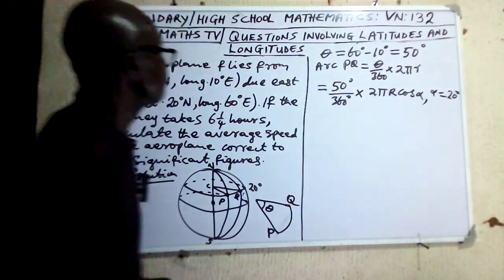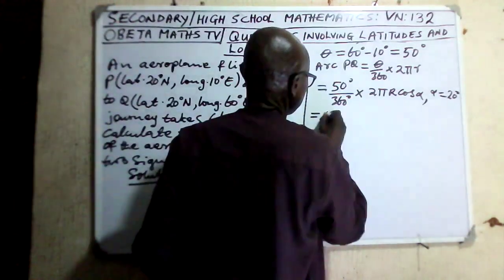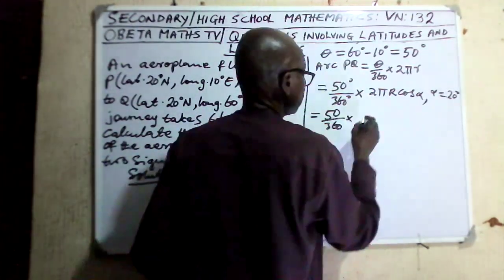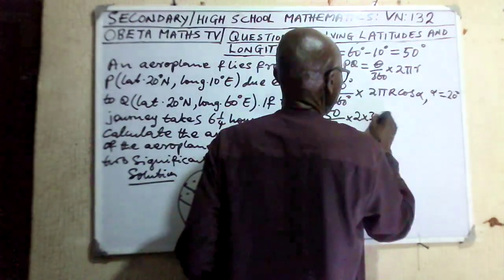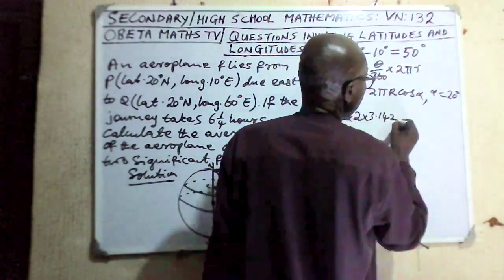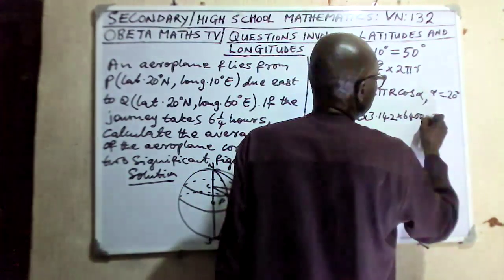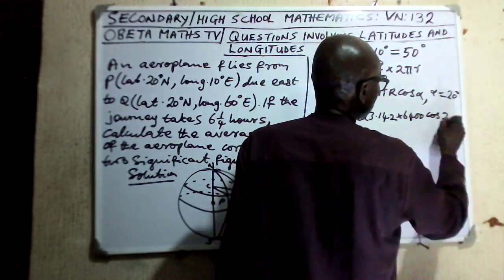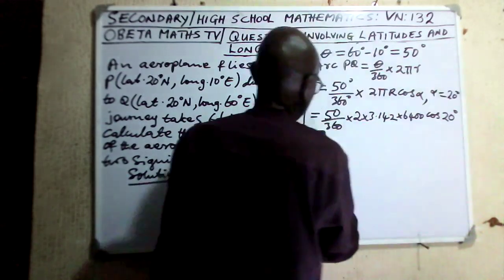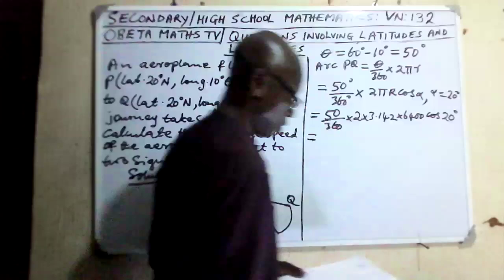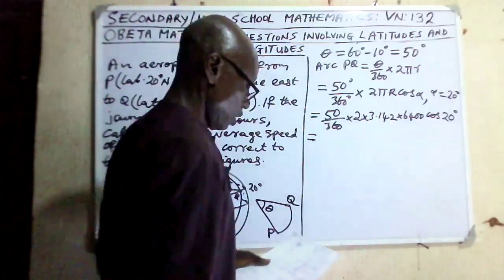And that will be 50 over 360 times 2 times 3.142 multiplied by 6400 cos 20 degrees. And that will give us, you can check either with calculator or by working it out.